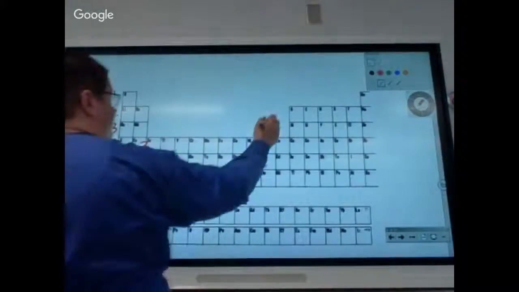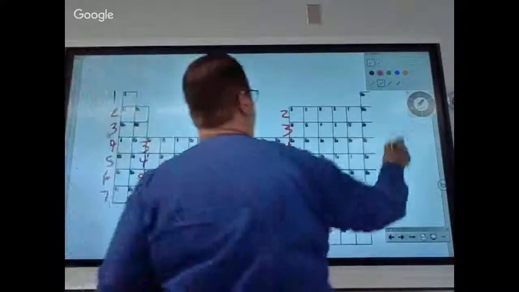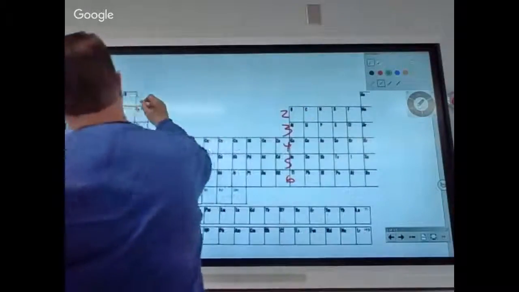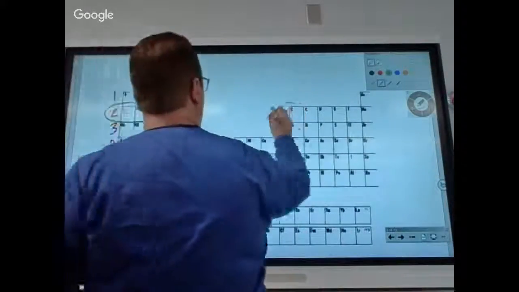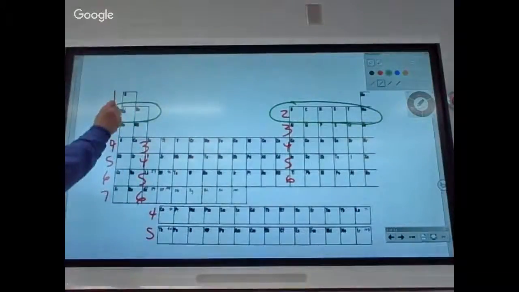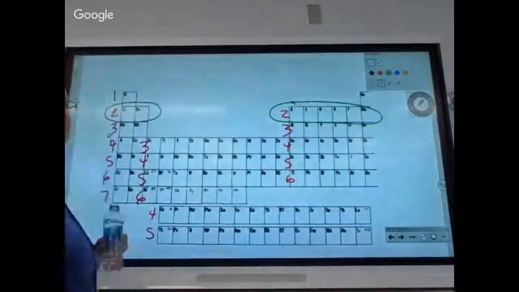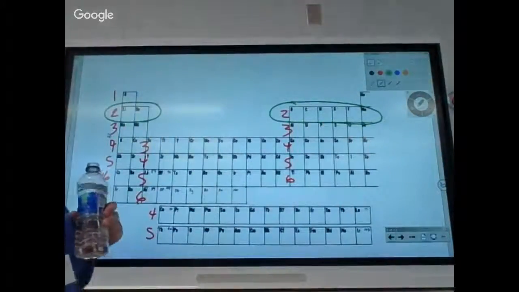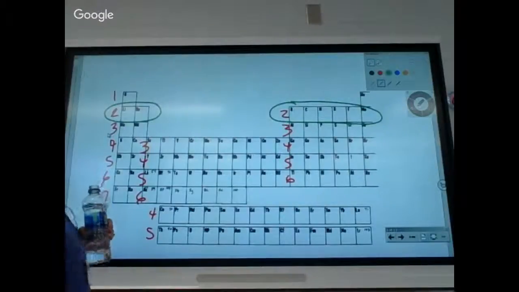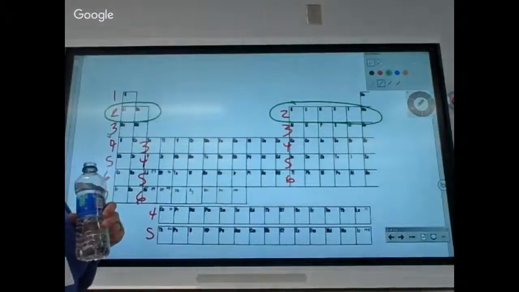8. Now, where are your 2's on the chart? Count them. How many 2s do we have here? 2. How many 2s do we have here? 6. 2 plus 6 is 8. Could you do the same thing with 4? If n equals 4, you know to do 2n squared or add up your sublevels.